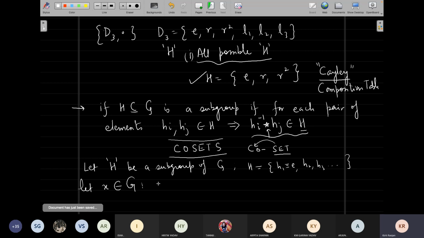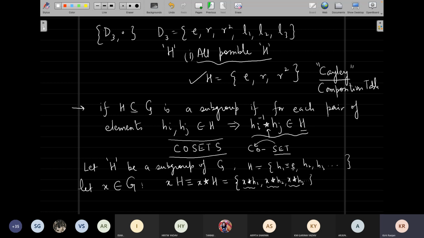But what is important here is that if we make X times H, what are we writing basically? We are writing X composition H1, X composition H2, X composition H3, and so on. So we are composing this group by X from the left-hand side, so that we get the elements X star H1, X star H2, X star H3, and so on.